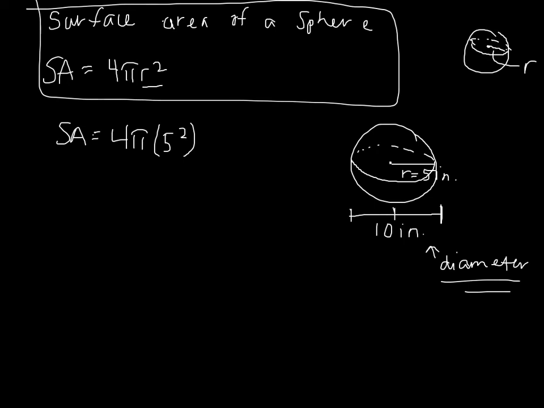If you're still getting messed up whenever you see exponents, I just want you to do 5 times 5 to get your brain thinking, okay, I have to do 5 times 5, not 5 times 2. So I've got 25 pi times 4 equals surface area. 4 times 25 is 100 pi equals our surface area.